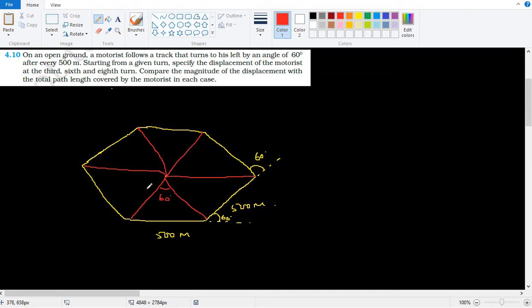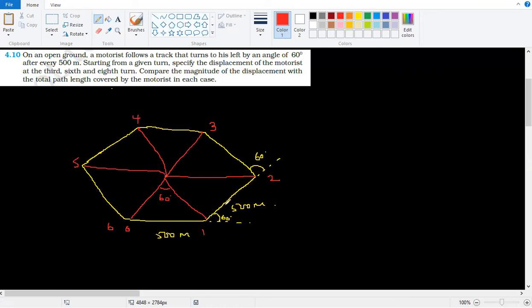Once you guess this, I think this problem is very easy. Starting from a given turn, specify the displacement of the motorist at the third, sixth, and eighth turn. Let's say you're starting from here. This is your starting point. This is your first turn, second turn, third, fourth, fifth, sixth. So they're asking to find the displacement at the third, sixth, and eighth turn.